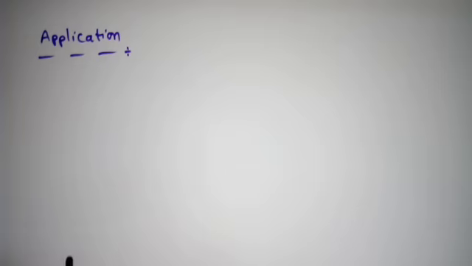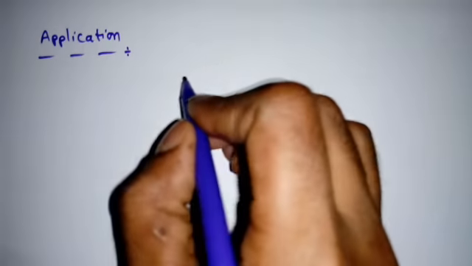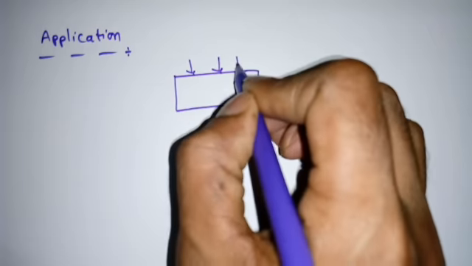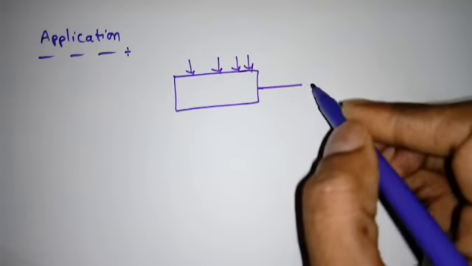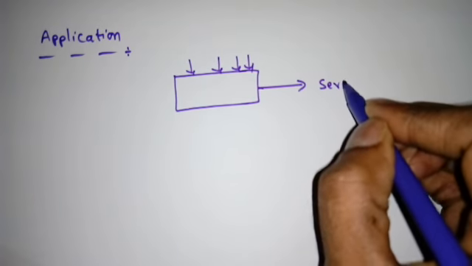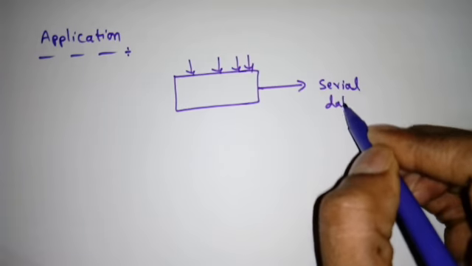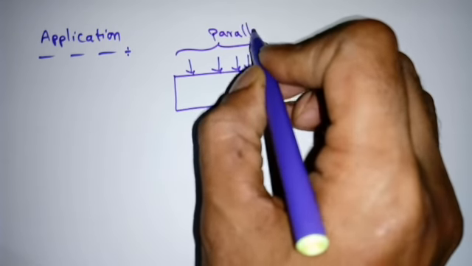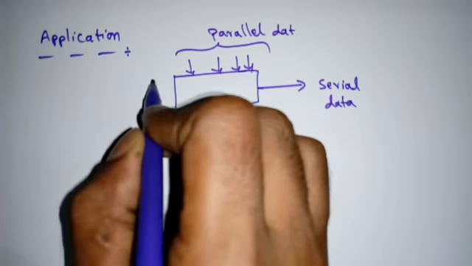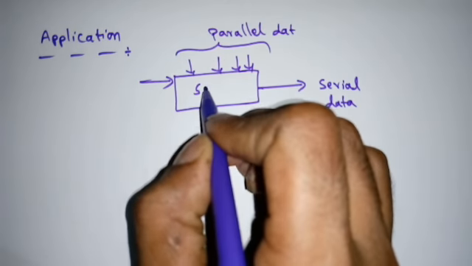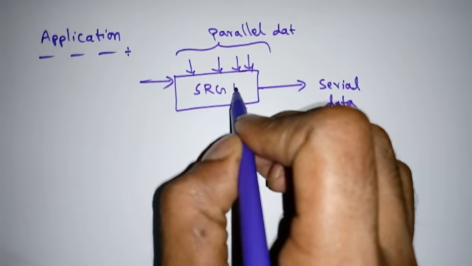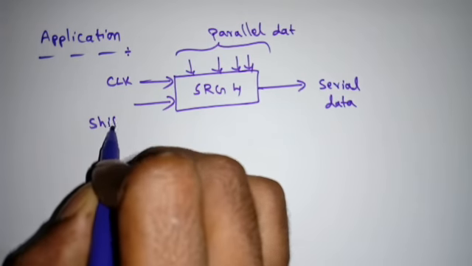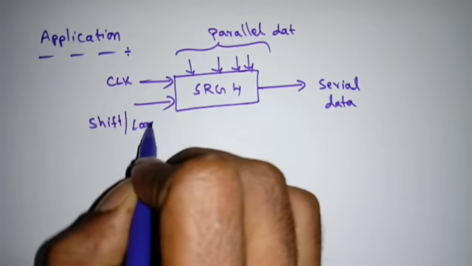Now we'll see the application of this parallel in serial out shift register. In the block diagram, we are entering the data parallelly and taking the data serially. If it is a 4-bit shift register, this is the clock and this is the control input, shift or load bar.